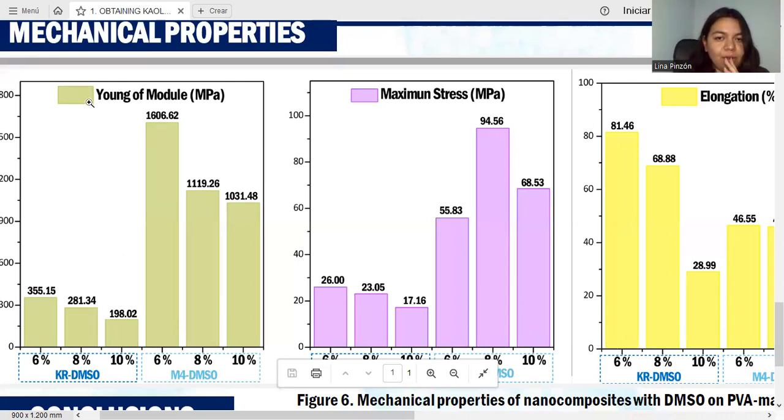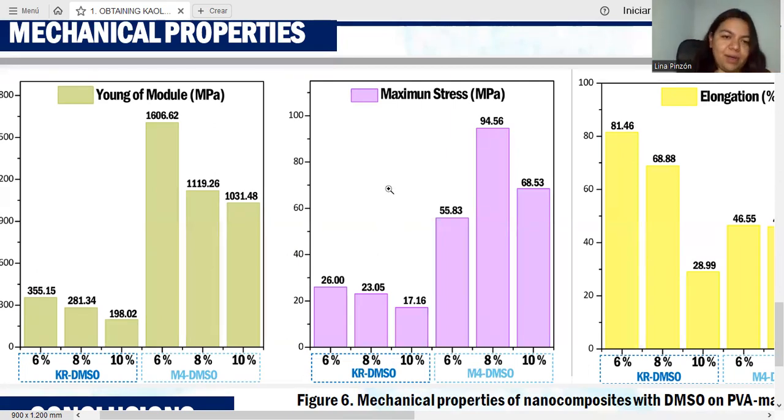In the Young's modulus, it was obtained that the films with M4 present higher values than Kr with a percentage of 6%. Also, the tensile strength for M4 increased up to 3 times more than Kr with a percentage of 8%.